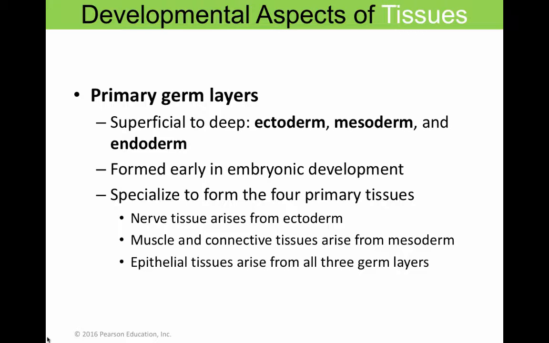Those are the different layers that the different tissues will arise from, depending on where they're located. It's formed early in embryonic development, and they're specialized to form the 4 primary tissues, right? So nervous tissue arises from the ectoderm. Muscle and connective tissue arise from the mesoderm, and epithelial tissue arises from all 3 of these layers.